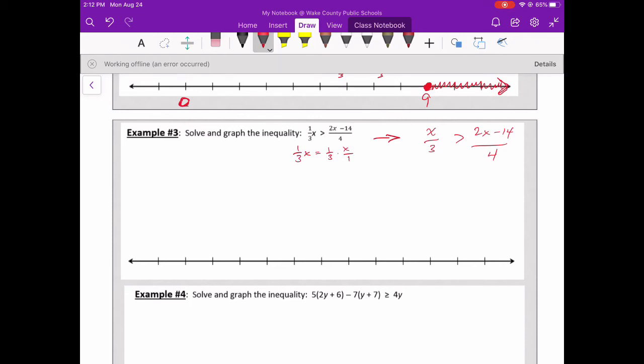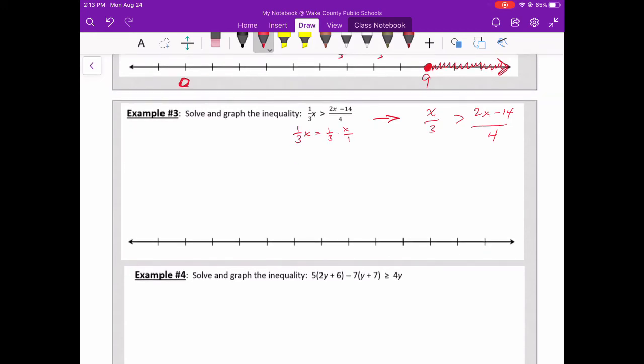Now, what's cross multiplying? That's a shortcut for us to be able to get rid of fractions on both sides at the same time. So what we're going to end up doing is we're going to multiply the numerator x times the denominator 4, and then the denominator 3 times the numerator 2x minus 14.